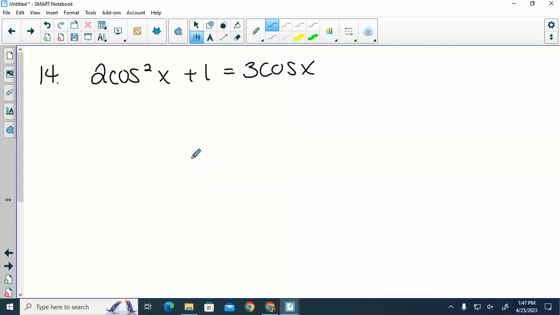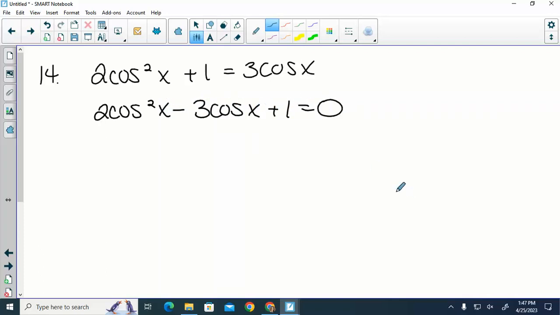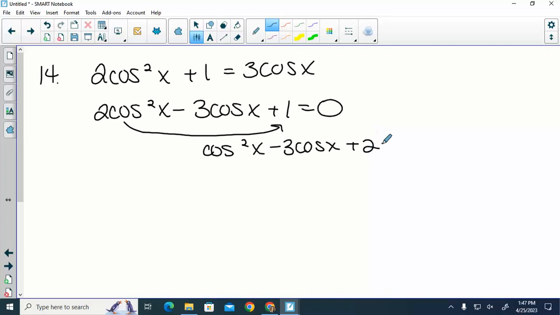What are we doing this one? And then what do we need to do? Flip the slide. So we get cosine squared x minus 3 cosine x plus 2 equals 0. So what multiplies to 2 and adds to negative 3?